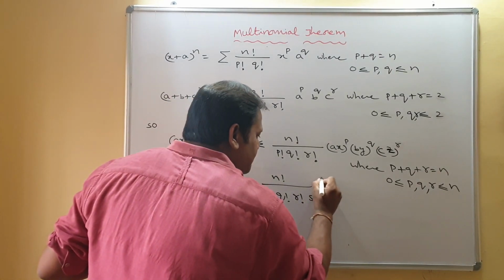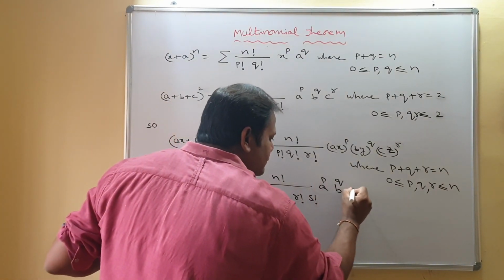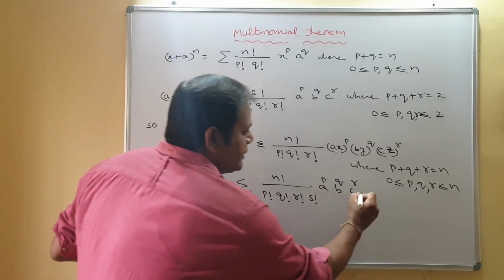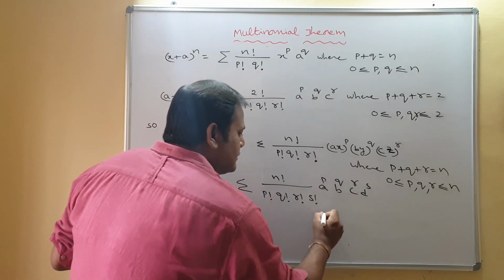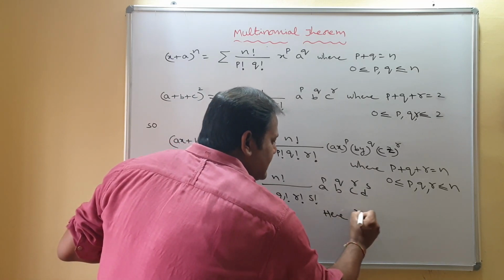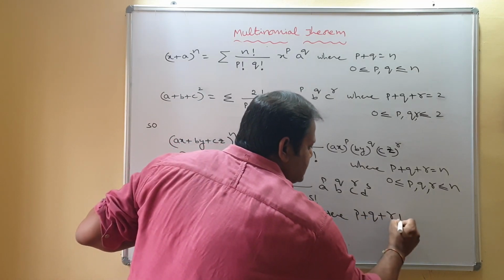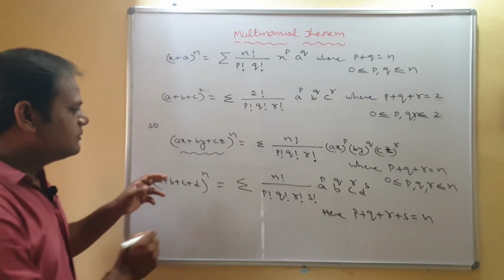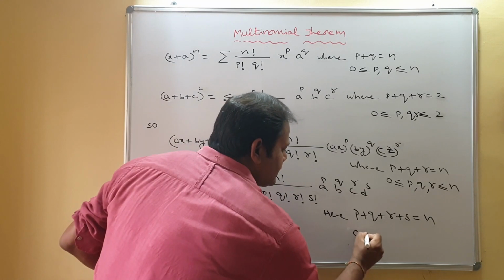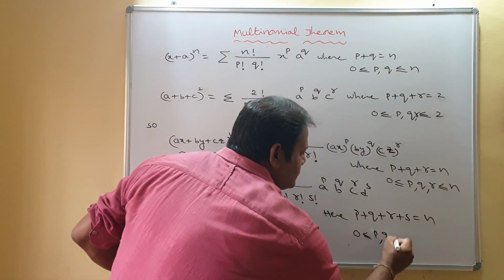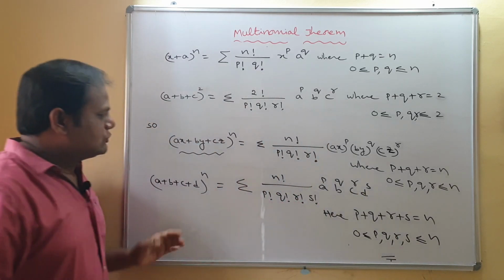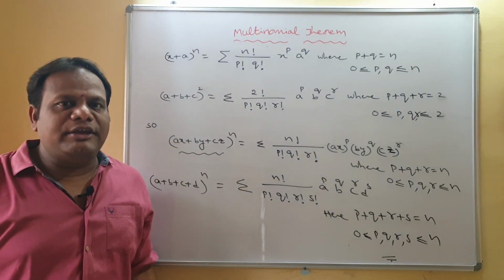So a power p, next b power q, next c power r, next d power s. And here the sum of powers p plus q plus r plus s must be equal to what? n, right? And 0 less than or equal to these values less than or equal to what? n. So this is the multinomial theorem.